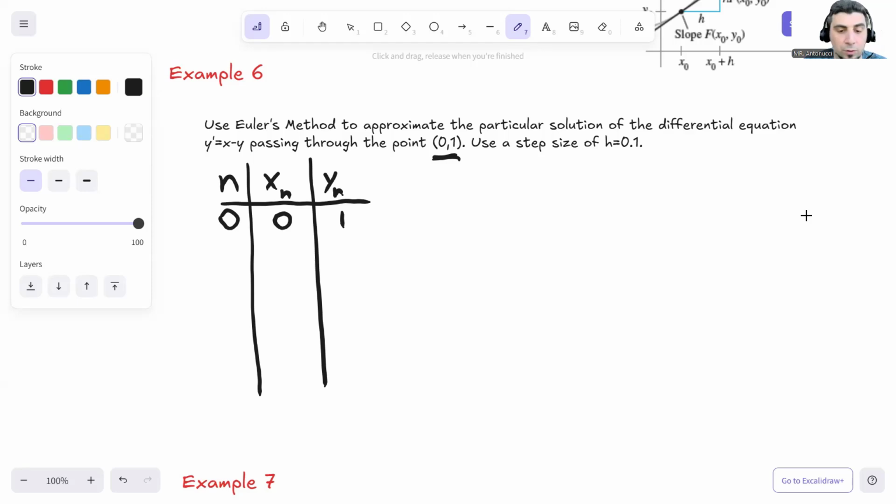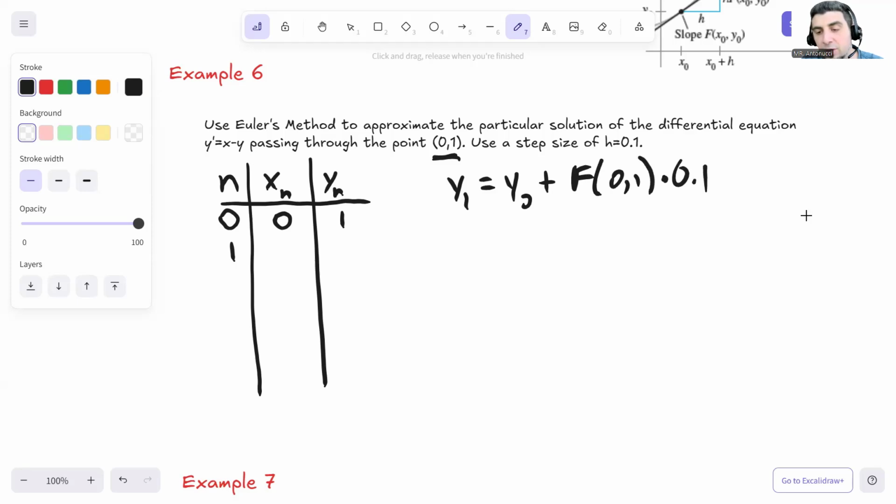So the first step, y1 is going to equal y naught plus f of 0, 1 times h, which is 0.1. So y naught was 1 plus the derivative evaluated at that point.